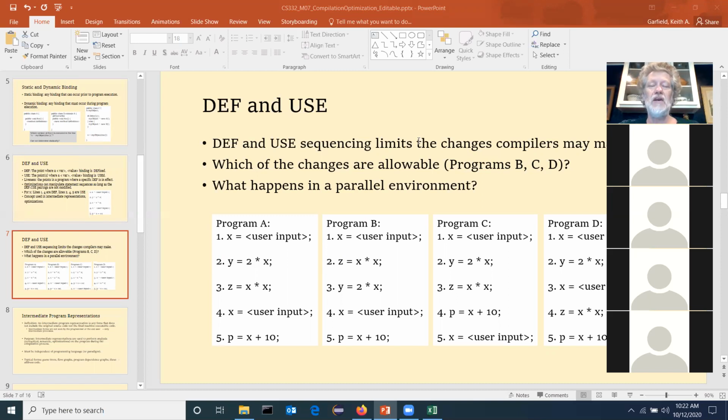Let me ask it this way. Is there any difference that we can see in terms of observable input-output behavior between program A and B? The coordinates change, but the results are the same, right?